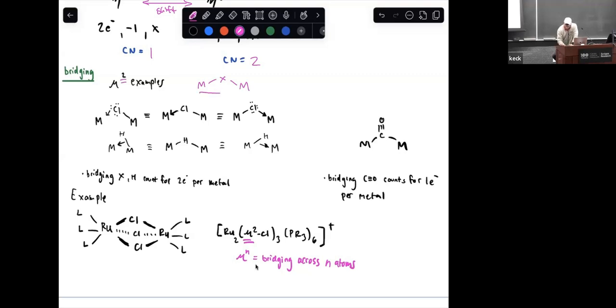If I just see this, I'm wondering what the bonding depiction really looks like. One heuristic, one way to think about this in the case of halides, at least to me, is clarifying. If it's not clarifying to you, forget about it. But I like to think that one of the lone pairs of the halide that's bound to the metal on the right can just engage in a dative interaction with the metal on the left.